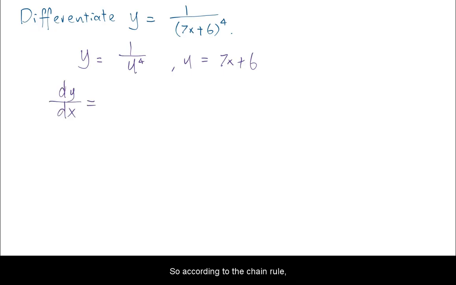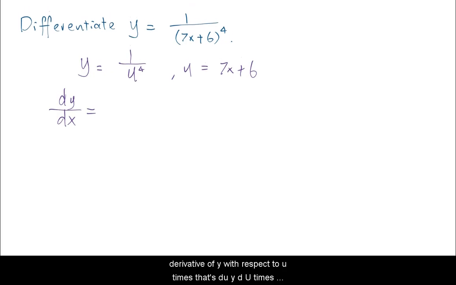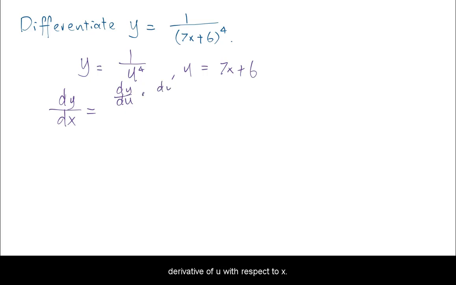So according to the chain rule, the derivative of y with respect to x is equal to the derivative of y with respect to u, that's dy/du, times the derivative of u with respect to x. Okay, so keep that in our mind.